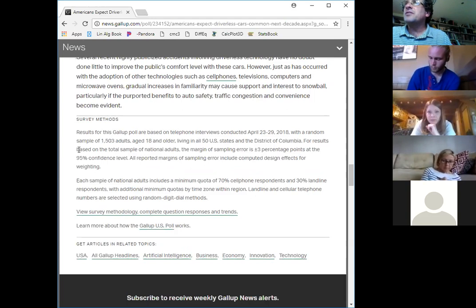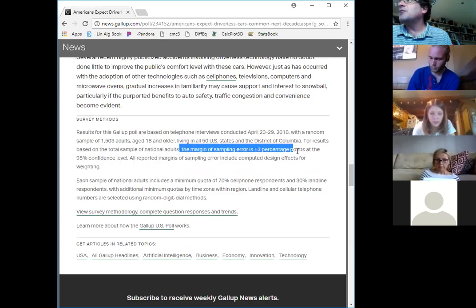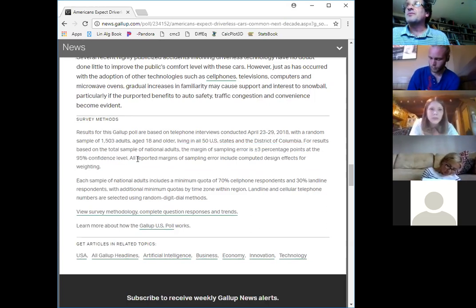And then it says for results based on the total sample of national adults, the margin of sampling error, which we're going to check to see if they did it right, is plus or minus 3 percentage points. So that means you can go up or down 3%. And it says at the 95% confidence level.